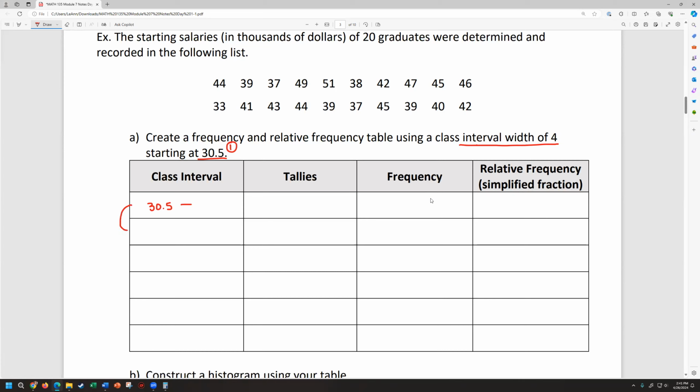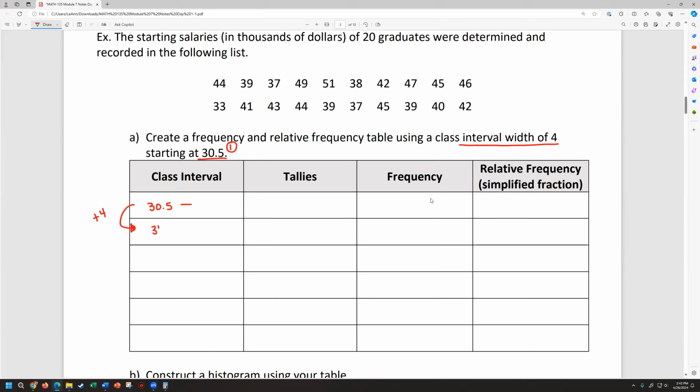It tells you between the start of this interval and the start of the next interval, we need to have a difference of an additional 4 units. So you use your class width to start with your first interval, or your interval starting position, I should say. And then you need to continually add 4 to get the starting position of each next class interval.